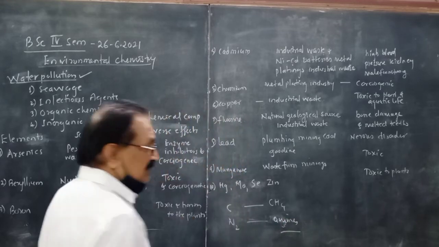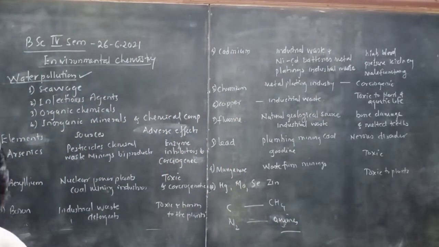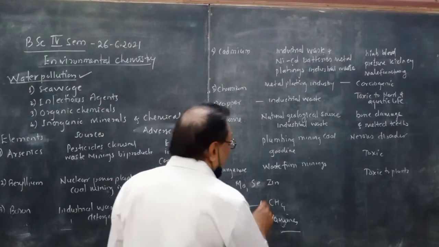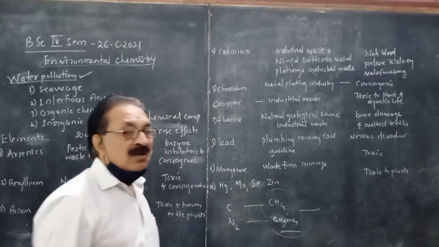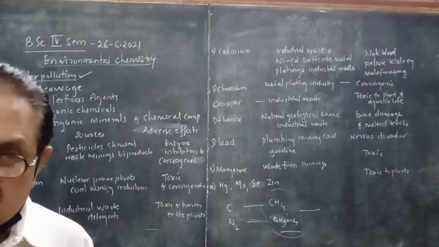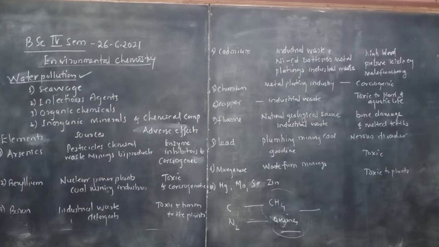These amines and methane are formed, and sulfur is converted into hydrogen sulfide. Hydrogen sulfide, methane and amines have a very bad odor because, as the oxygen percentage is less, they cannot be converted into oxides.